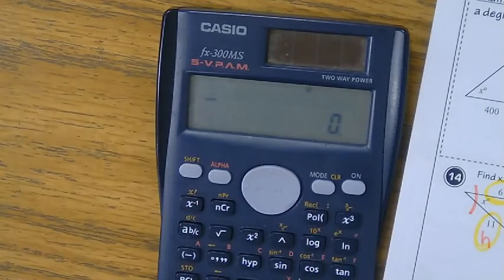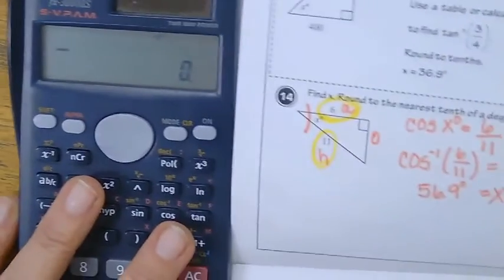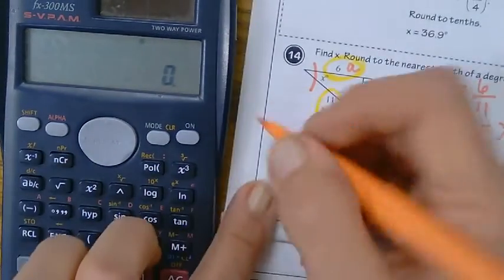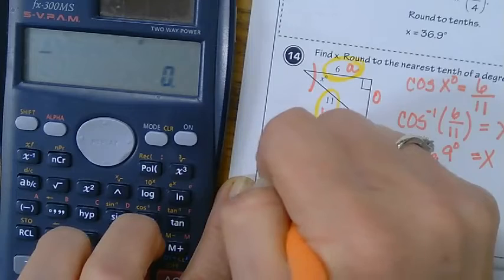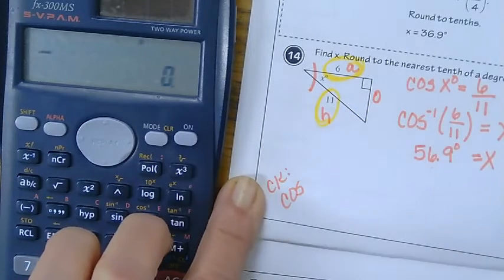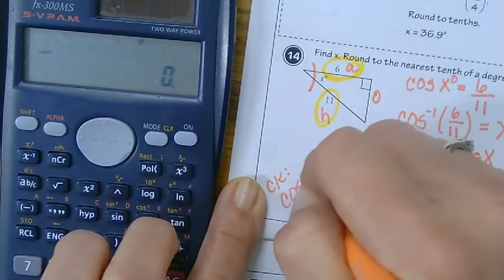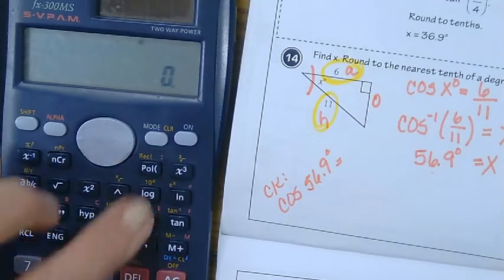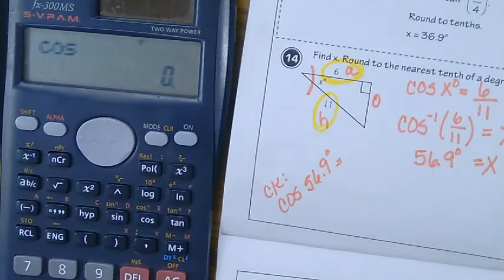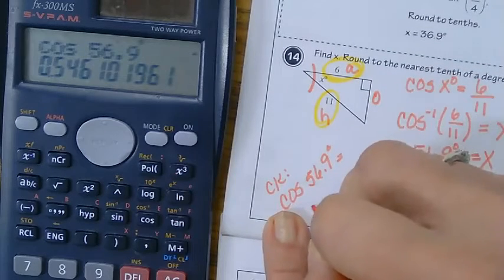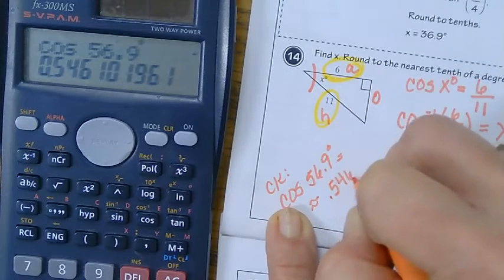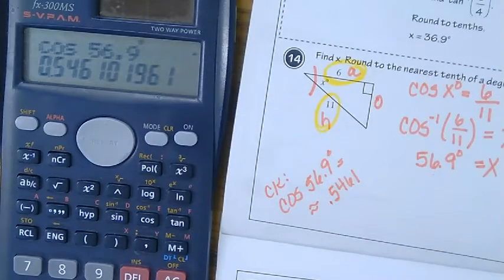And now if we kind of take this backwards a little bit, we're going to check: what is the cosine of 56.9 degrees? So hit cosine 56.9. It's about 0.5461, right?